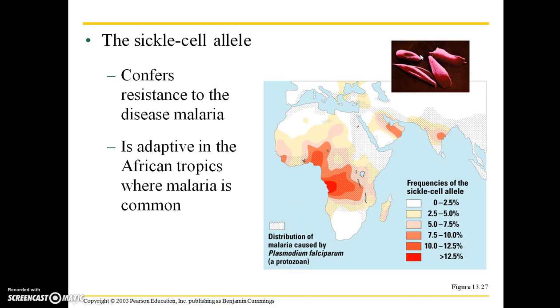So due to the fact that this sickle cell disease alters the shape of red blood cells, it makes those red blood cells less susceptible to malarial infection. So this is one of the underlying, or rather the primary underlying causes of why a lot of African Americans have at least one copy of the sickle cell allele.